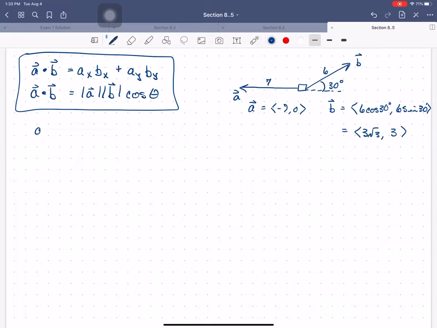We can now write that A dot B is equal to -7 times 3 square root 3 plus 0 times 3.